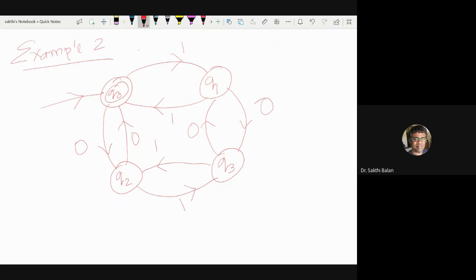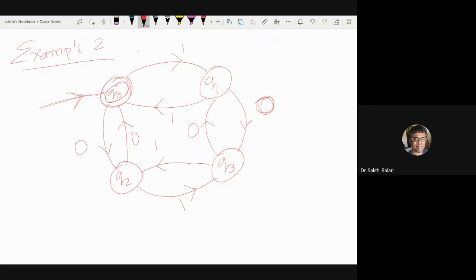What input alphabet you are using to transit from one state to another state. Okay, so that is very important. If you miss it out, then it will be a problem. And you also need to mention which state is a start state by using this arrow, and which state is a final state just by putting two concentric circles. Okay, so this is your automata now.